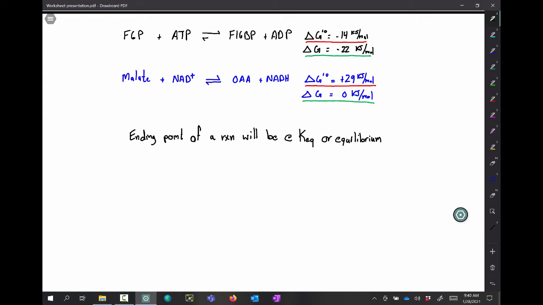KEQ, just to remind you, is the concentration of products over the concentration of reactants, meaning that it is a product-reactant ratio that is very specific for a particular reaction. So each of these reactions, the top and the bottom, are going to have different KEQs, and therefore they'll have different ending points.